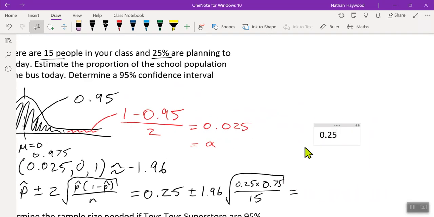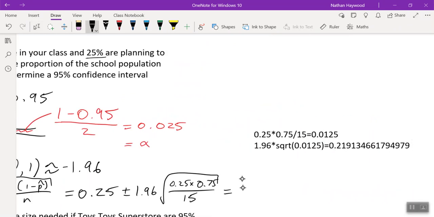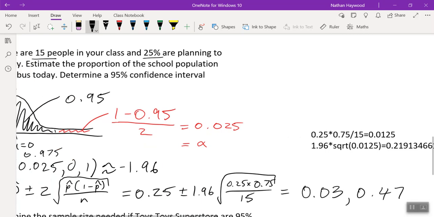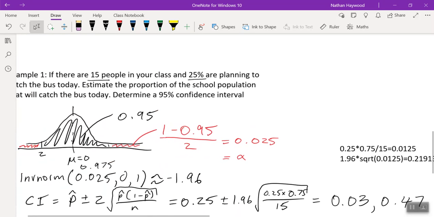If we just take the time to type all of that into our calculator, our confidence interval is going to be 0.03, 0.47.